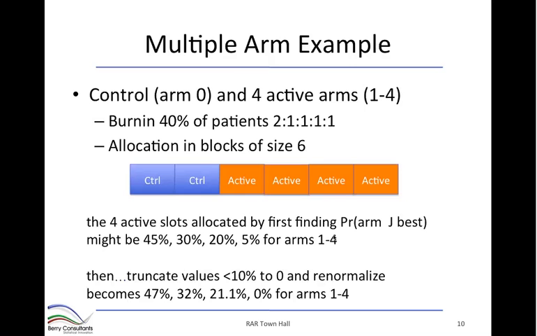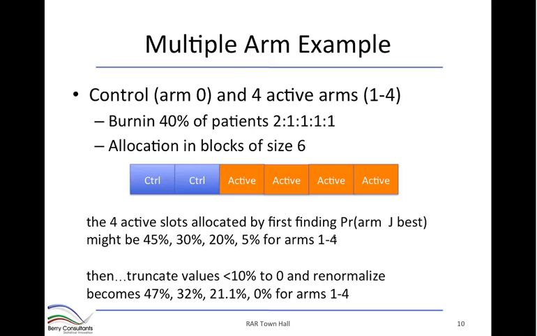I'm going to base this on the probability that arm J is the best arm. So for arms 1 to 4, and I mean arm J is the best among the active arms. So I could compute those probabilities, and maybe I get a 45% chance arm 1's the best, 30 for arm 2, 20 for arm 3, and 5 for arm 4.